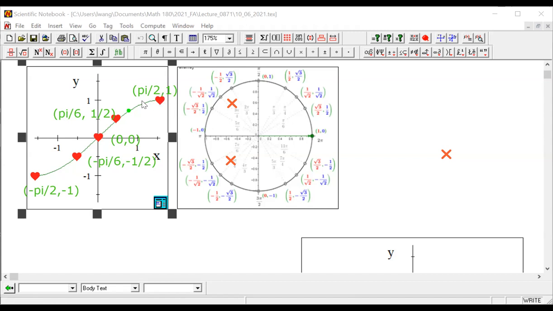So we have a detailed understanding of this function. It's just this much. Everything else is chopped down, and on the unit circle, the second quadrant and third quadrant, you can never go there.